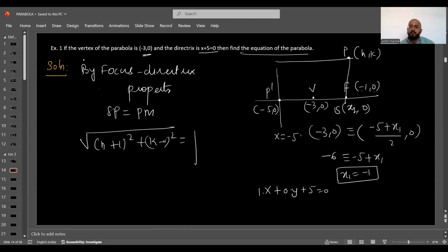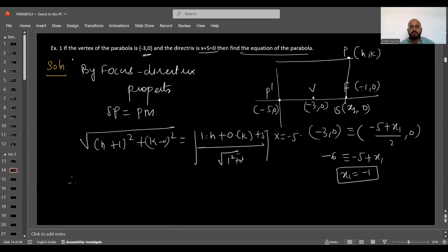If you remember that beautiful formula, just plug in: 1 into h plus 0 into k, which is gone, plus 5, over the square root of a^2 + b^2, which is 1^2 + 0^2. So we have the equation of the parabola.